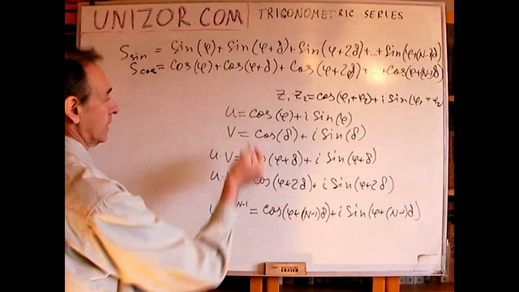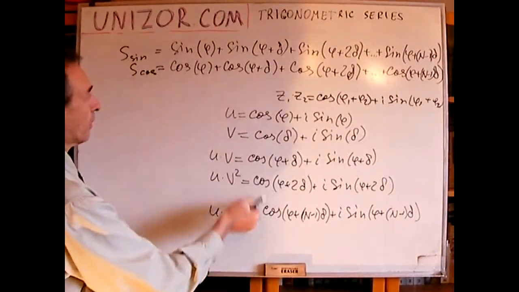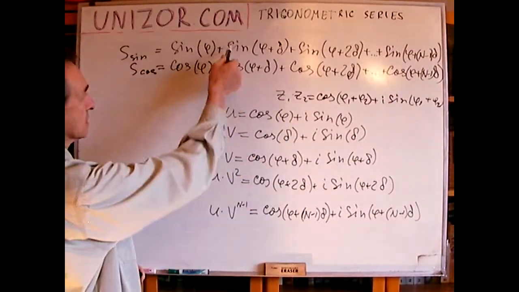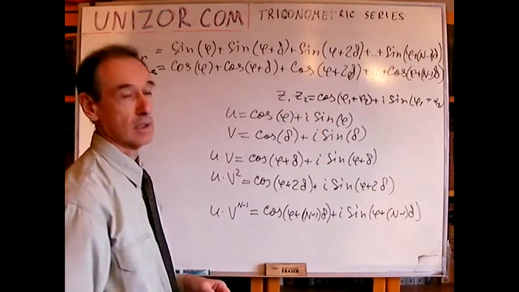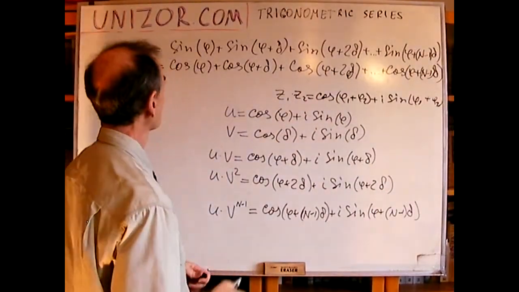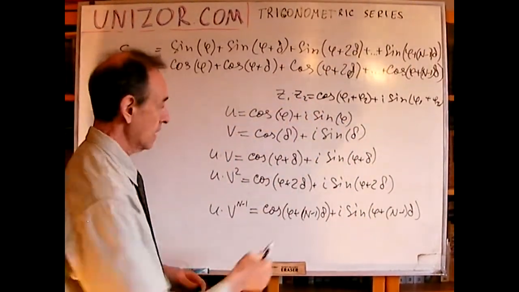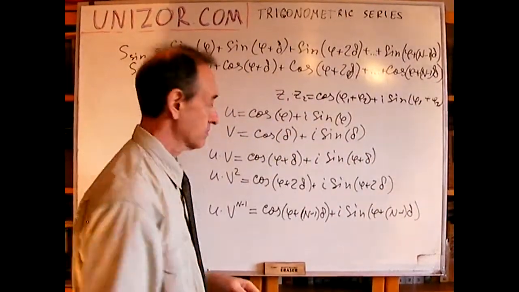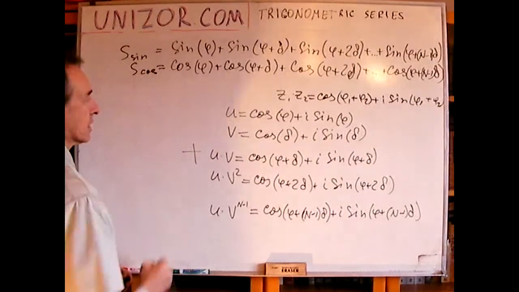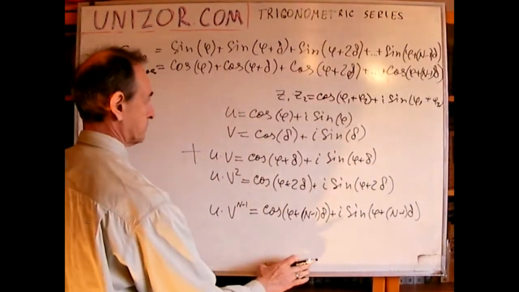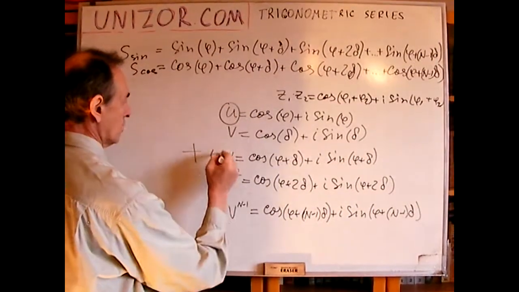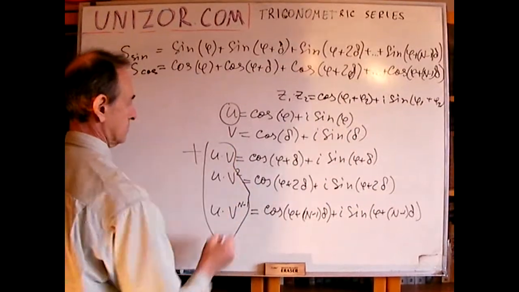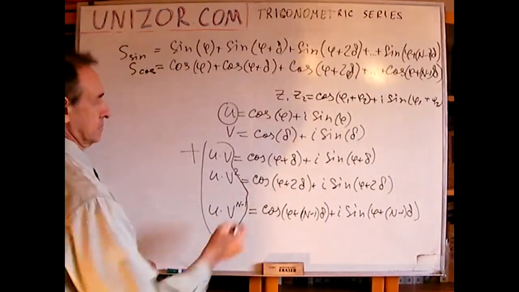Looks familiar, right? The real part of these numbers is equal to my sum of cosines, and the imaginary part equals the sum of sines. So let's just sum them up together. So sum u and all these guys. So what will I have?